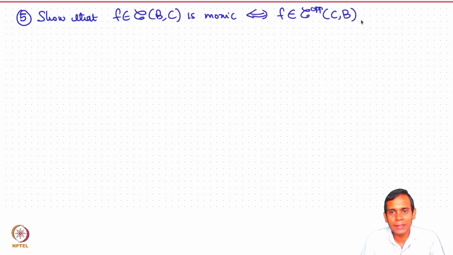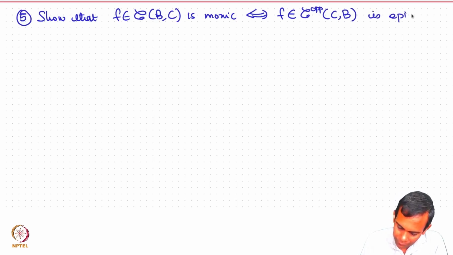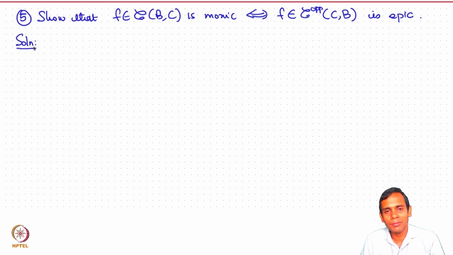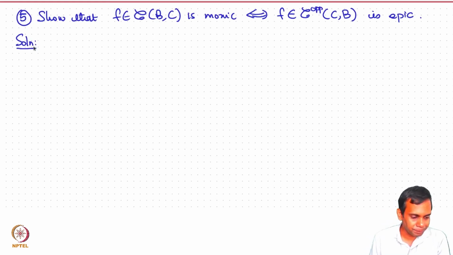Recall that the opposite category is the category with the same objects, but the arrows from B to C are thought of as arrows from C to B in the opposite category. So you should try to just unwind the definitions and solve it yourself. Otherwise, just watch me solve it.